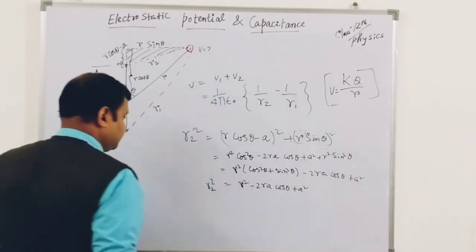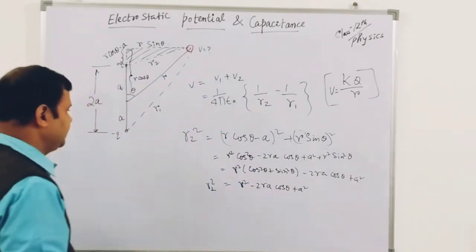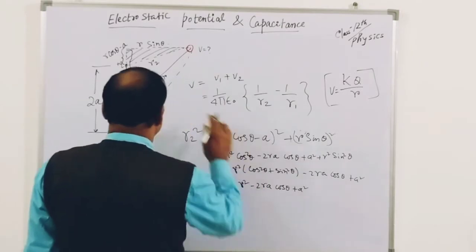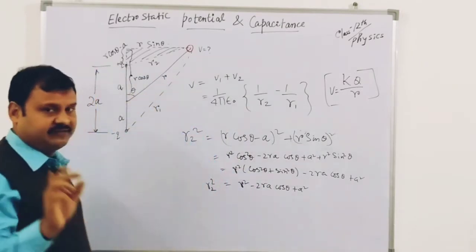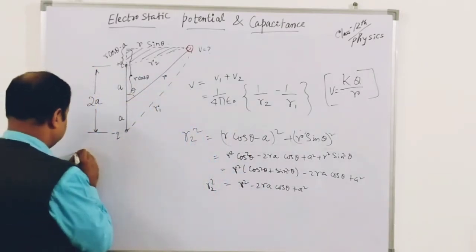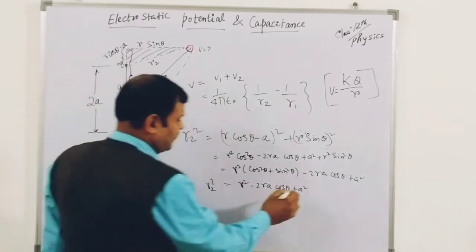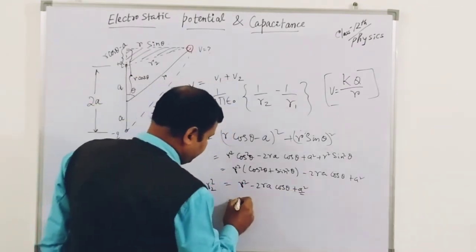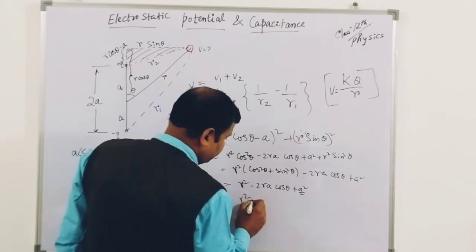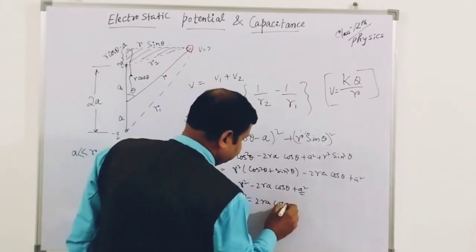Now here, as this dipole is a very small distance, a is much smaller than r, so we can neglect a square and write r square minus 2ra cos theta.